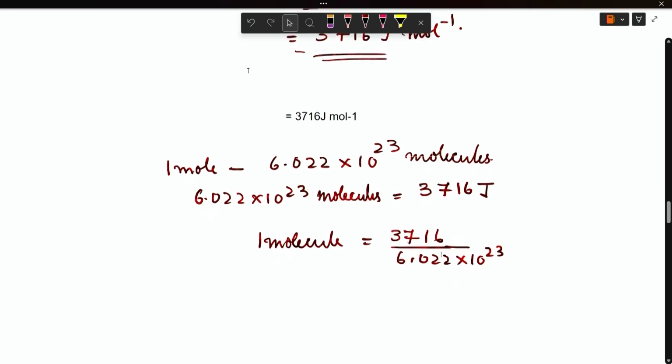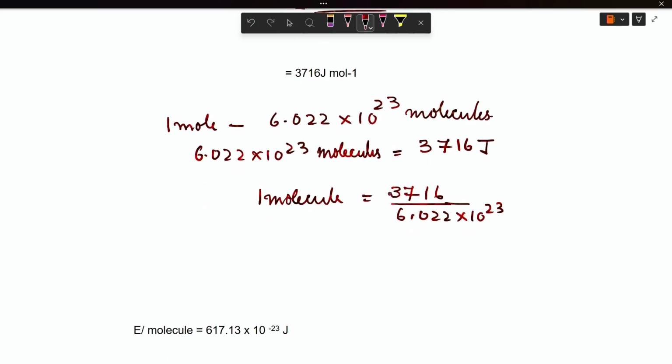So, just divide it, that is you divide 3716 by 6.022 and taking 10 to the power minus 23 to the numerator, it becomes 10 to the power minus 23, and dividing you will get the answer as 617.13 into 10 to the power minus 23 joules. That will be the energy for 1 molecule.